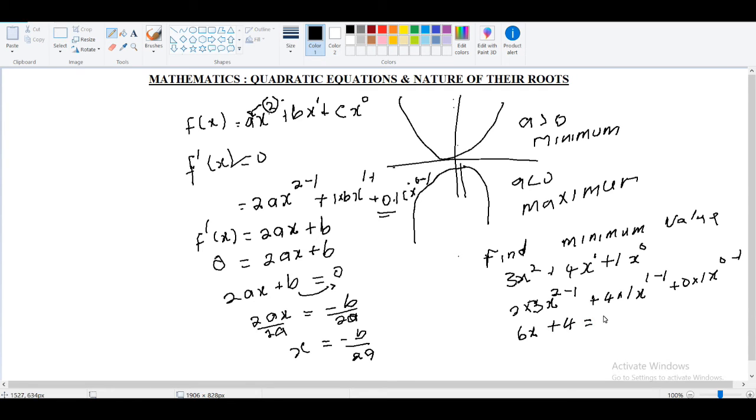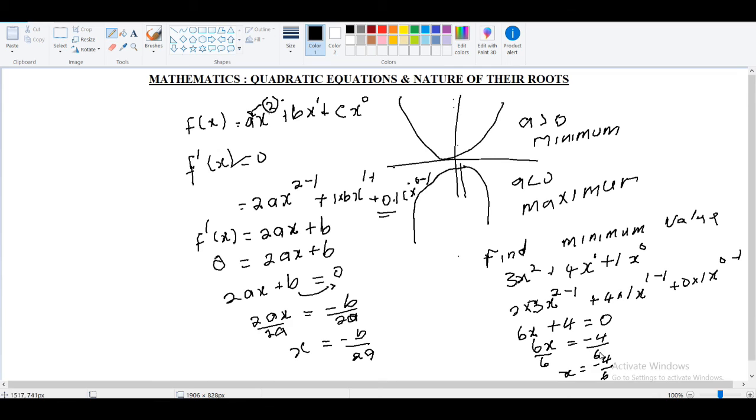And then you equate everything to 0. The first derivative of your function must be equal to 0. So you have 6x, then transpose the 4 to the other side, you remain with negative 4. To find x, we divide both sides by 6, so x is equal to negative 4 over 6, right?